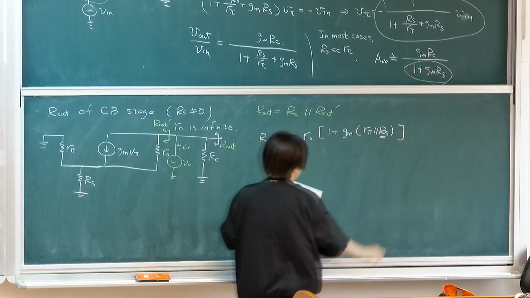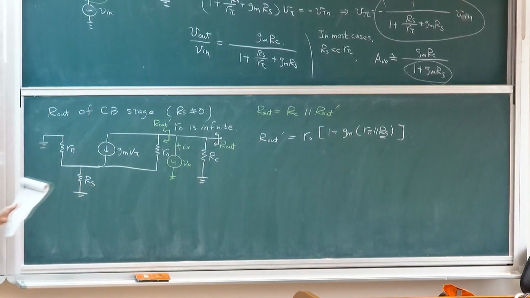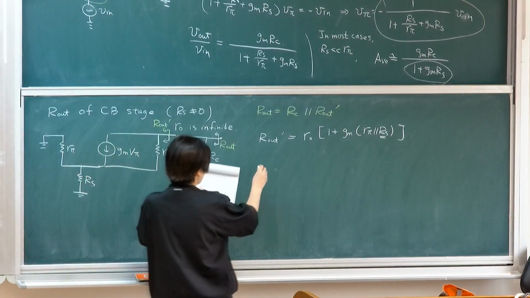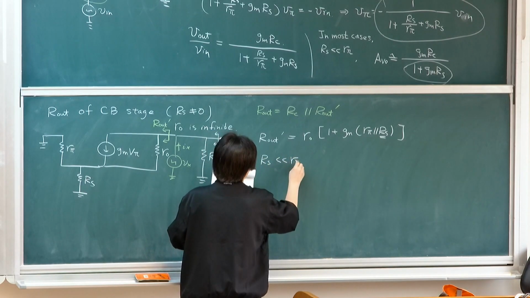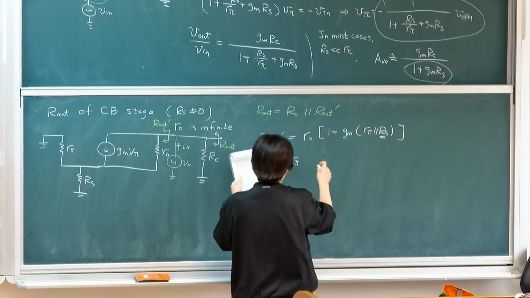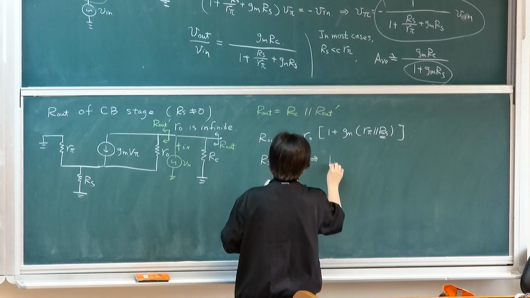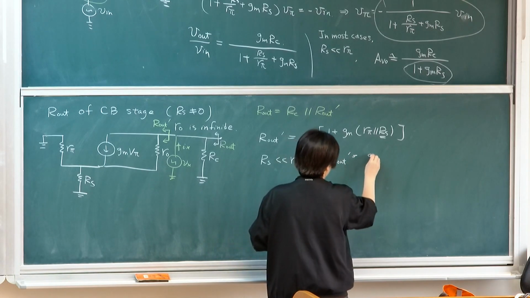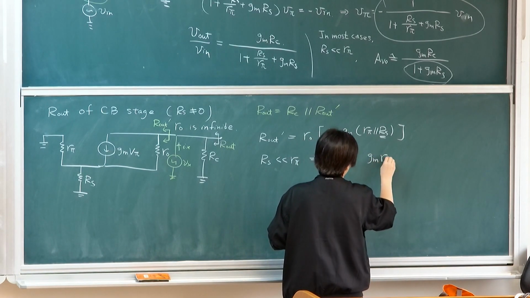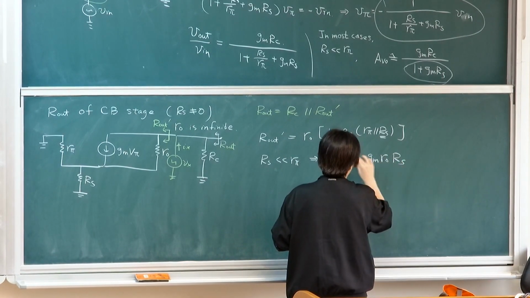Instead of RE, this becomes RS, so it will have an identical impact. As I said, in most cases RS is smaller than R pi. So my RO prime will simply be gm RO RS.